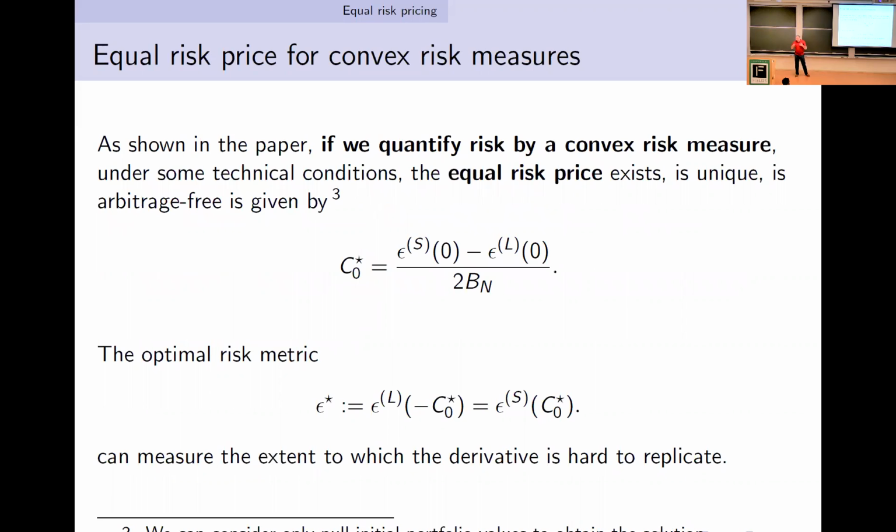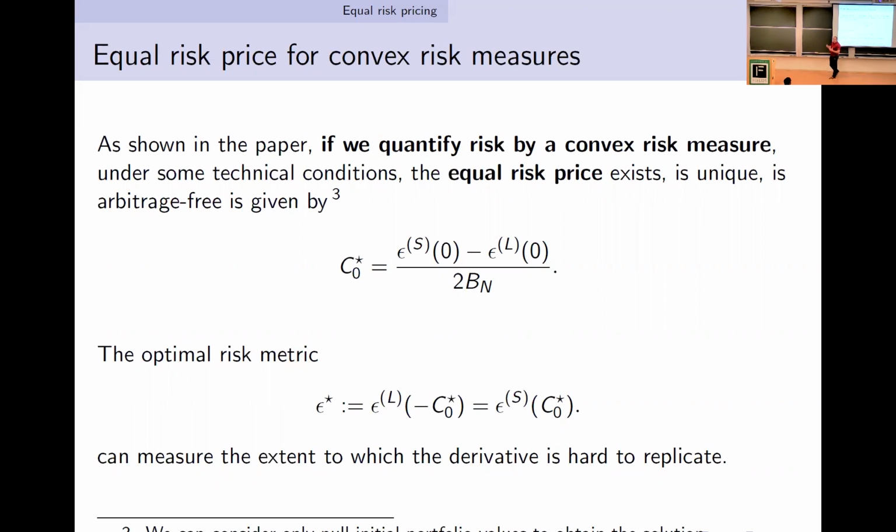Depending on what risk measure you use, you can have some simplification. If you use convex risk measures, it's possible to show that the equal risk price can be obtained simply by finding the optimal strategies for a single initial portfolio value that you could select as 0, and you can show that the equal risk price can be obtained by this formula here.